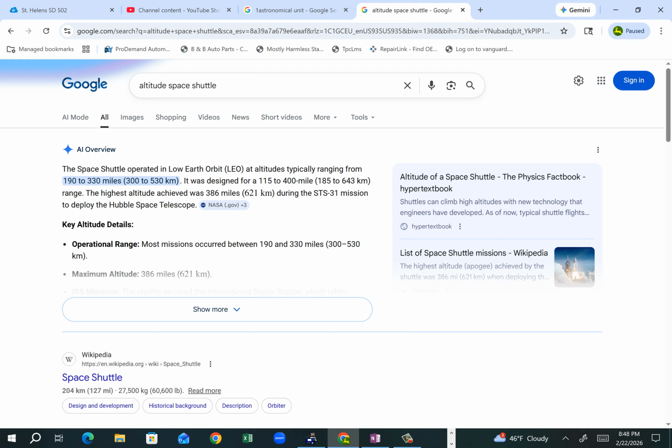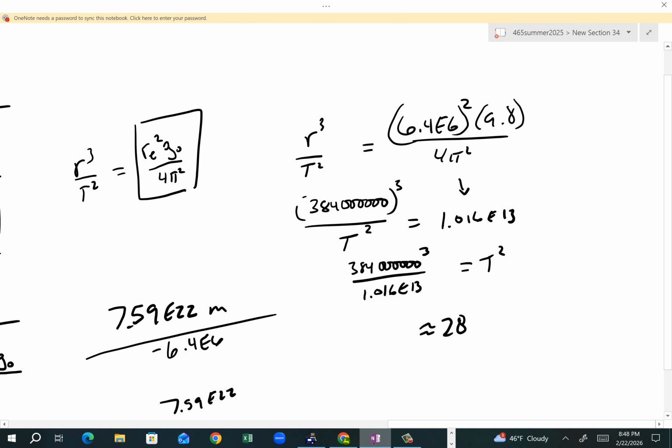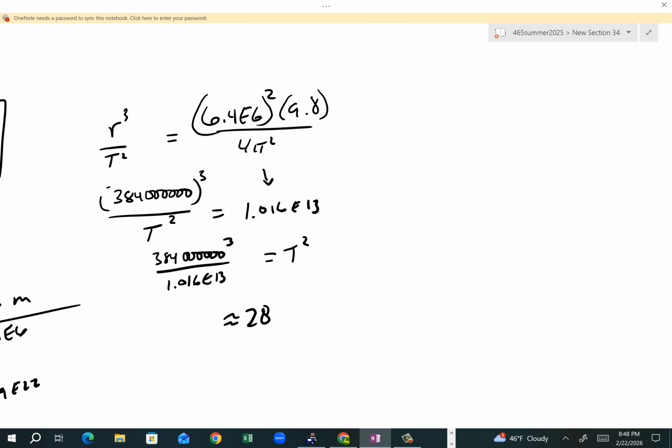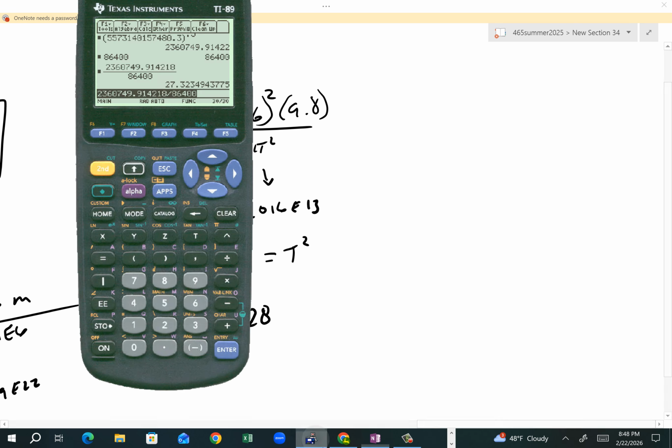Let's just say 400 miles. So let's say the space shuttle was up at 400 miles. Now, 400 miles obviously needs to be converted to meters. So 400 times 1.6 times 1,000 is 640,000 meters.